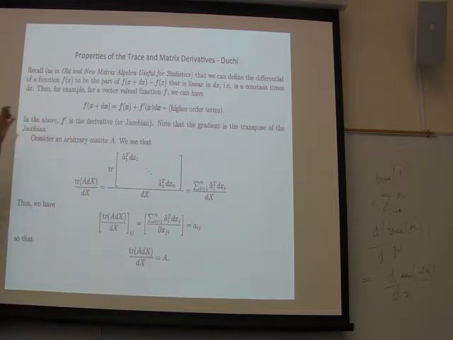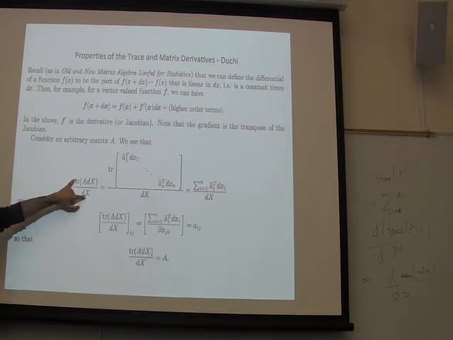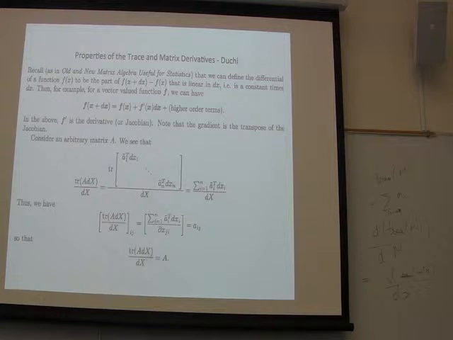This is the same thing we have talked about earlier. The reason I was trying to motivate was that this had some special property. What is the trace of A dx? It is exactly this sum.